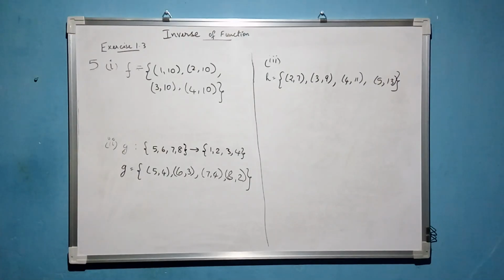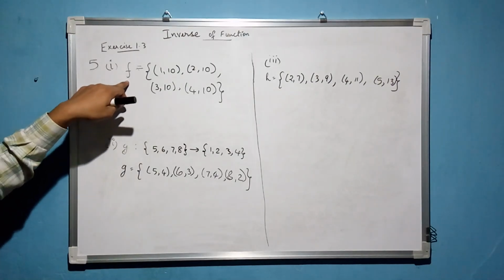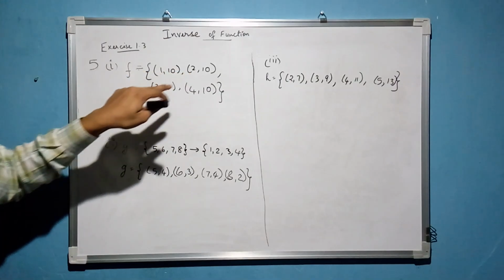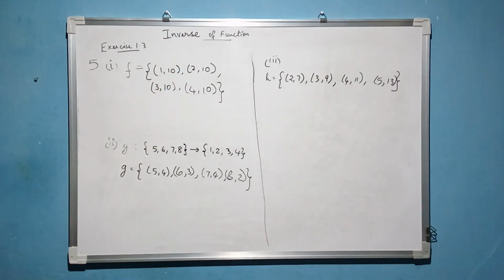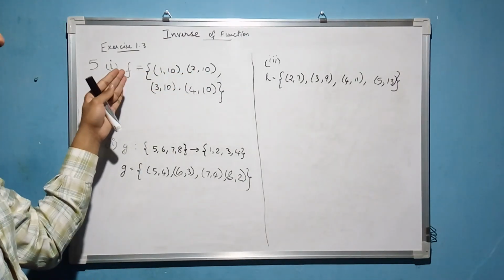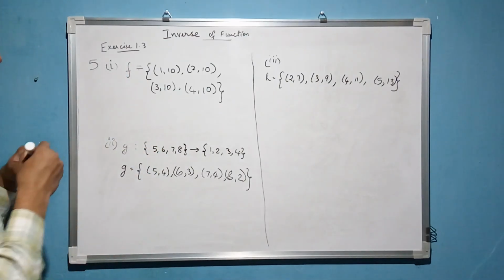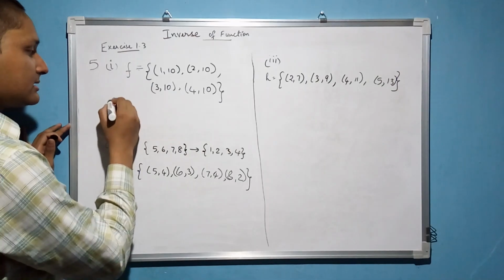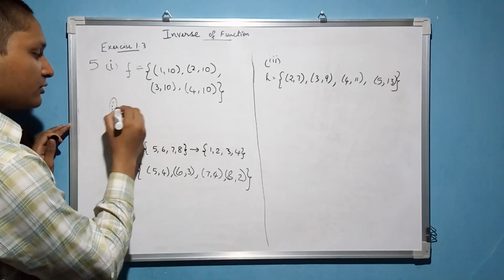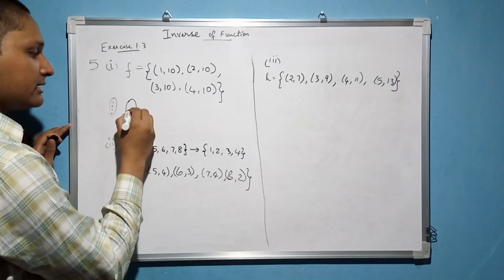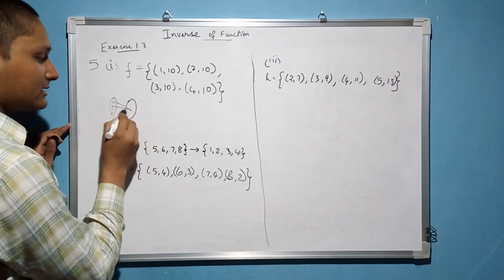So the first part of the question is showing the function f, that is 110, 210, 310, 410. So all of the given pre-images have the same image. So just by showing the arrow diagram, I can say that there are 4 points and here there is only 1 point, and all of them converge at the same point.